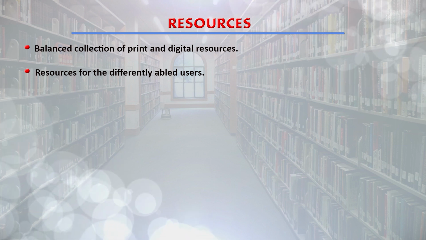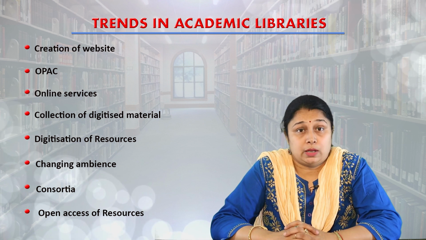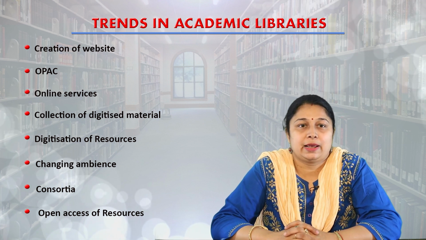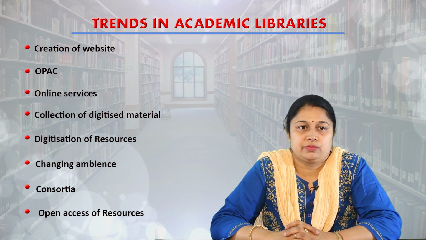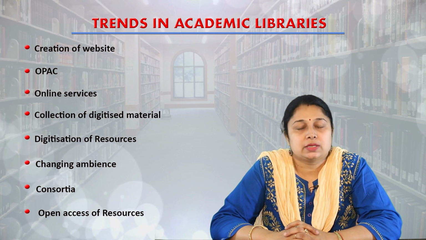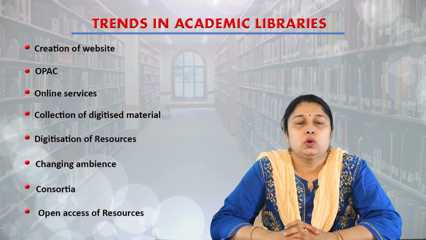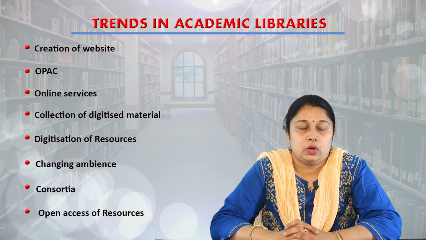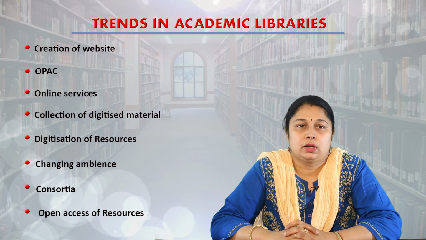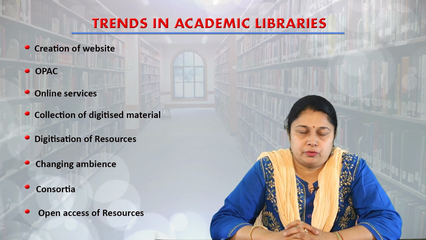the library properly. Then coming to the trends, now these academic libraries have their own website. Almost all the academic libraries, whether they are school libraries, college libraries or university libraries, have their own website, and their own OPAC also, online public access catalog. Means the catalog is not there in the print format or in the card format now.